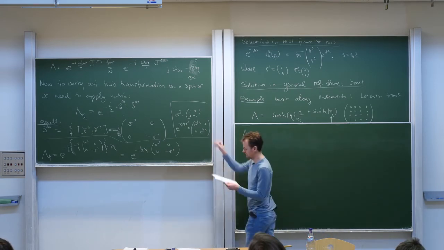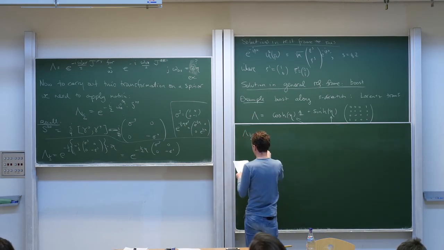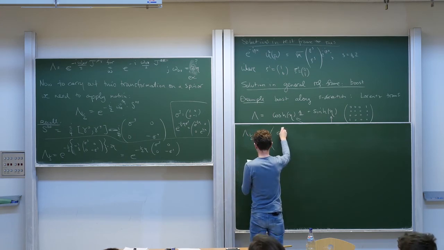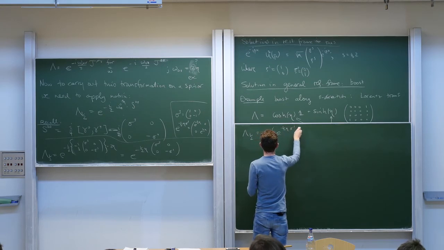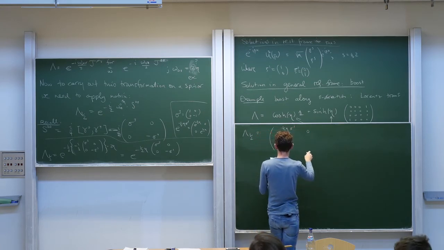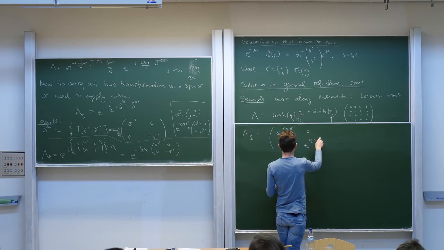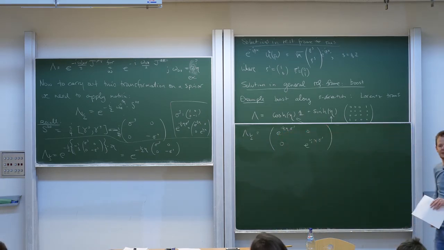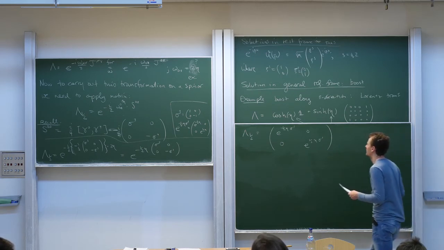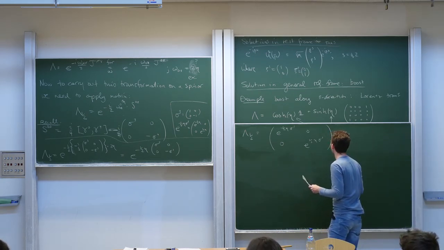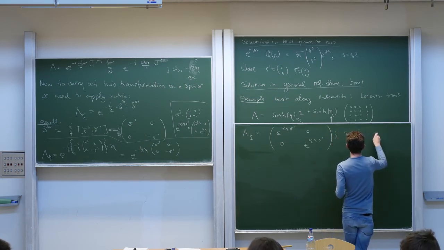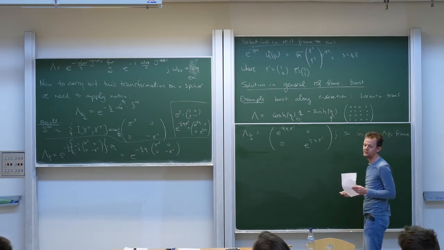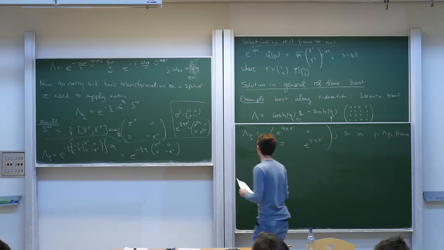So you could either ignore that hint or believe what I'm about to write. Well, actually that wasn't so hard. So in the boosted frame, our solution looks like the following.